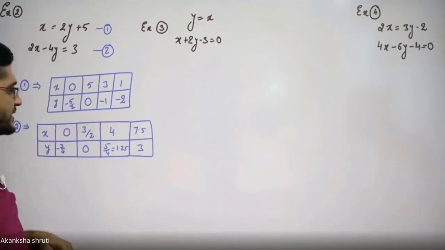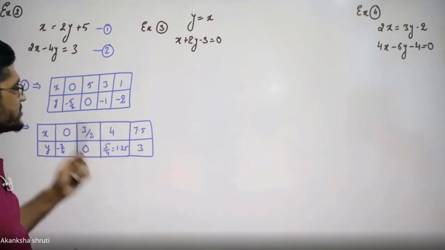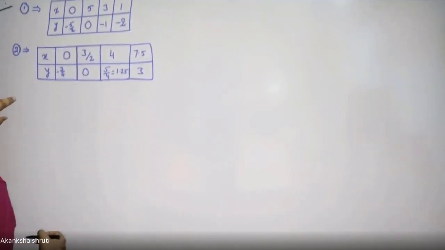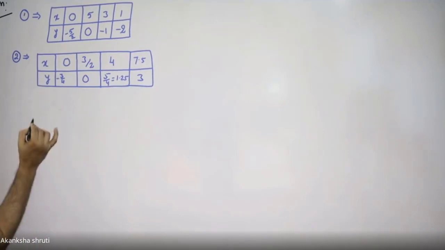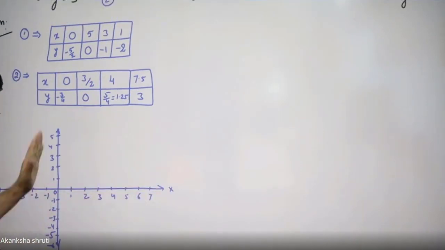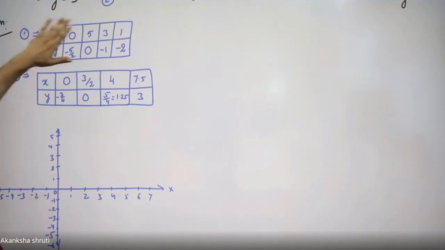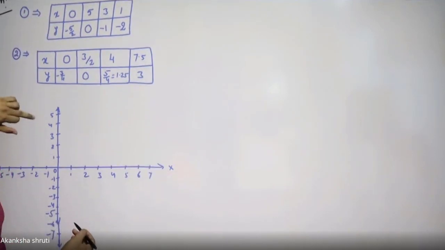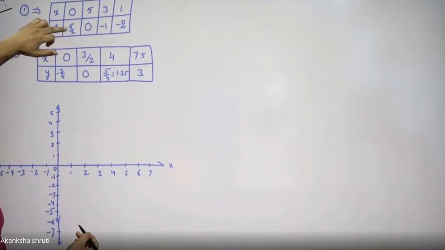So student, keeping patience, you have to prepare these two tables. After that, we have to plot it. Over this graph or plane, we have to plot these two lines. So let us plot the first one. Here, x is equal to 0, y is minus 5 by 2.